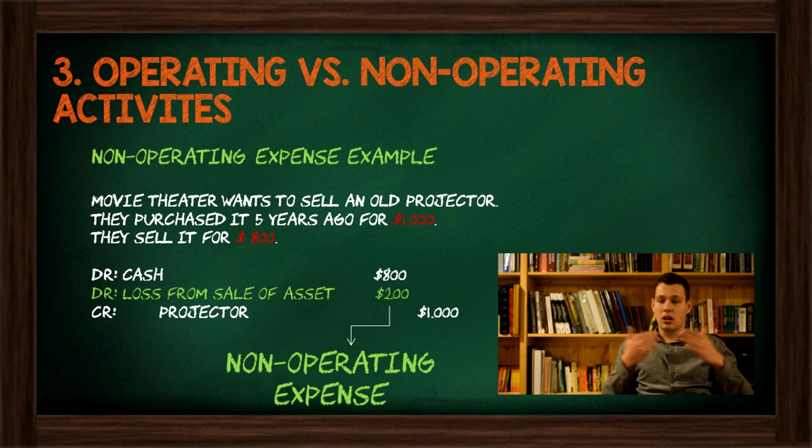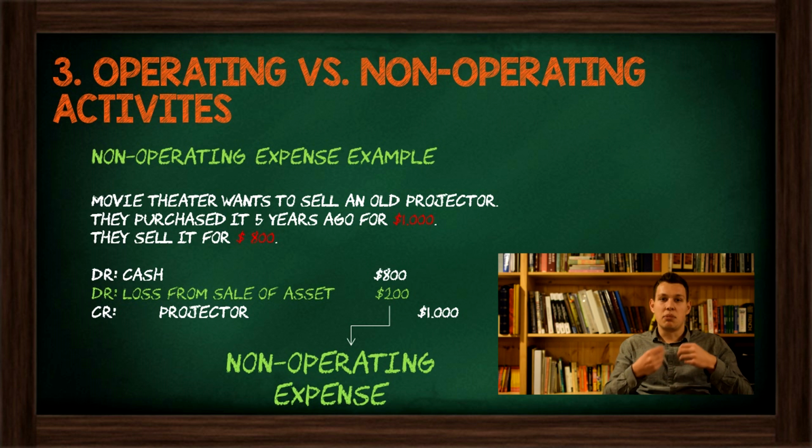Why? Because, think about it, right? It's not like the movie theater company is disposing of these projectors every single day, right? It's not something that they do on a day-to-day basis. Therefore, we classify it as non-operating. And they're not in the business of disposing stuff. Well, I guess it kind of makes a little bit of sense for them to dispose of an old projector, right?